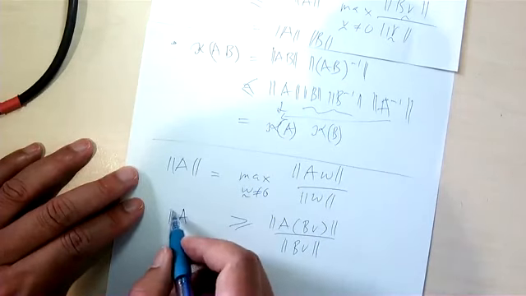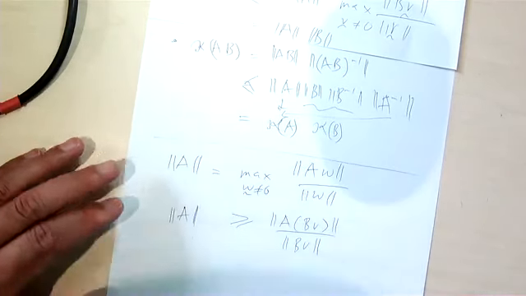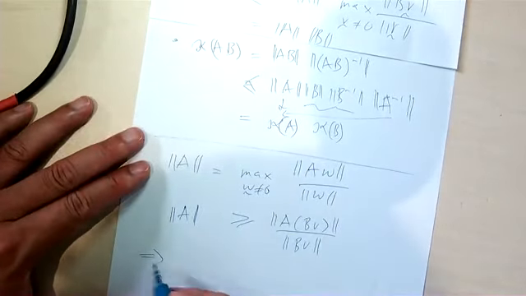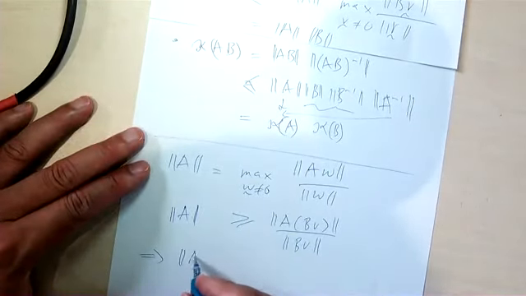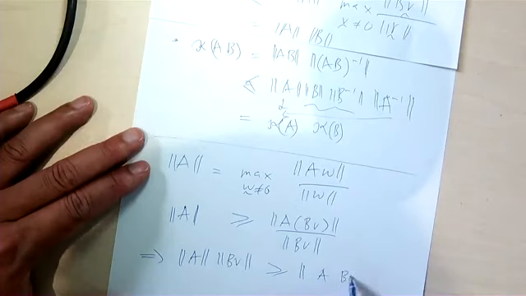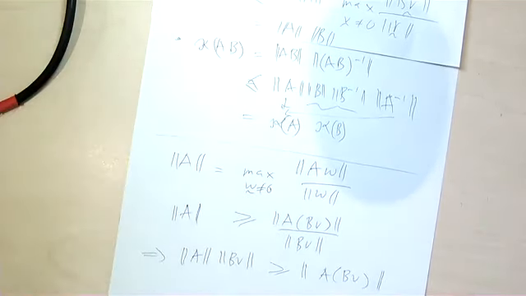And now if I cross multiply, then I have the norm of A times the norm of BV is greater than or equal to the norm of ABV. Okay. So you got it? So it comes from the definition.